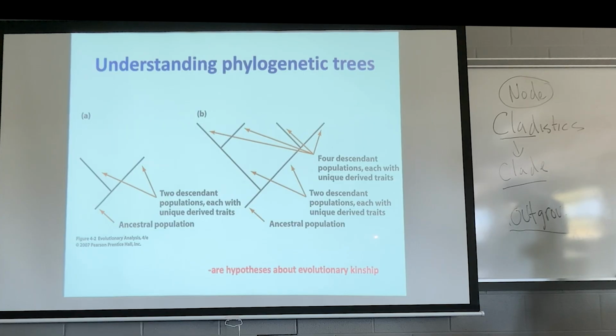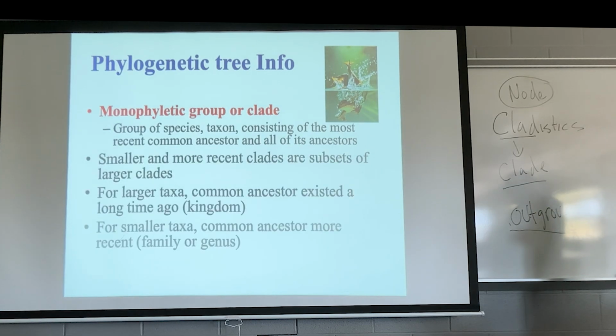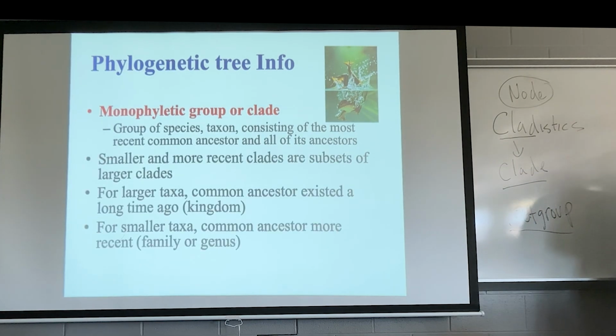So the one thing I always like to remember to point out is that every tree is a hypothesis, right? It's our best hypothesis or guess based on what we know today. That hypothesis and the tree can be rearranged when new data arises. So what we're trying to do is group organisms in what we call clades. I mentioned this, and that's where the word cladistics comes from.